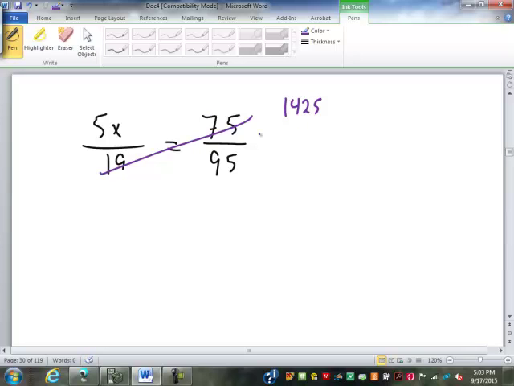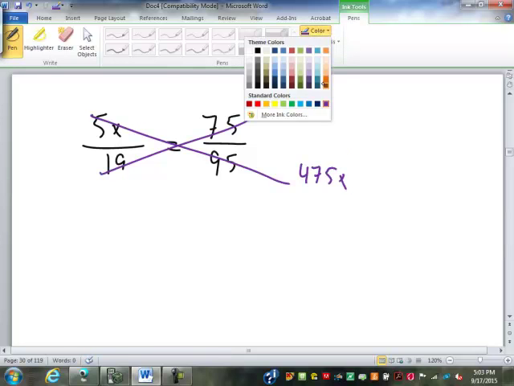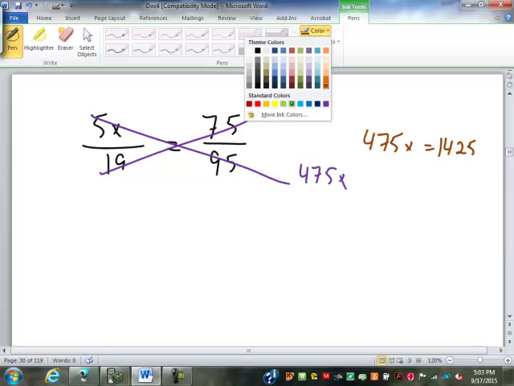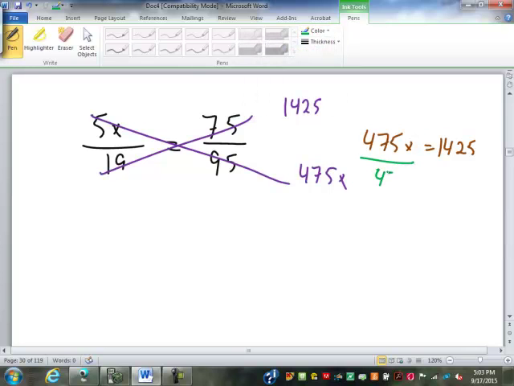Perfect. 5x times 95, 475x. So 475x equals 1425. Divide by 475. x equals 3.